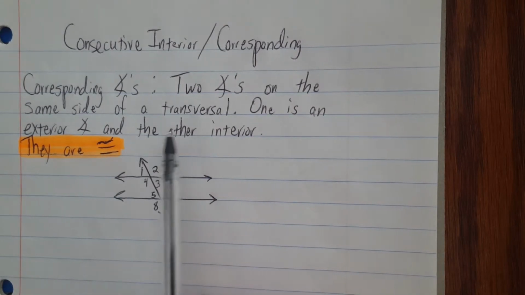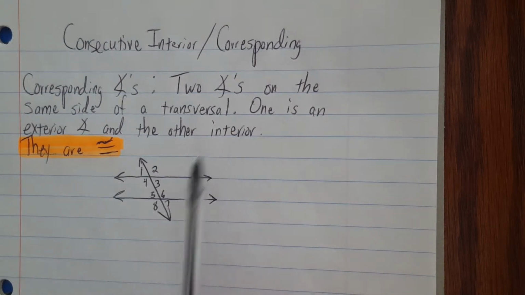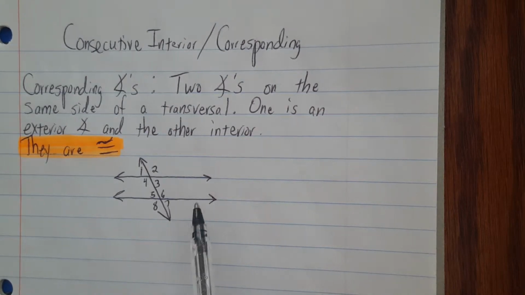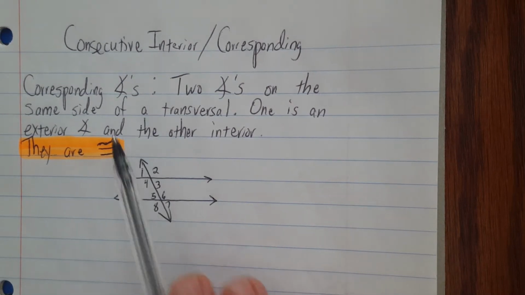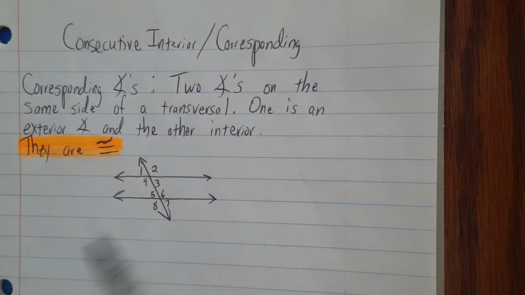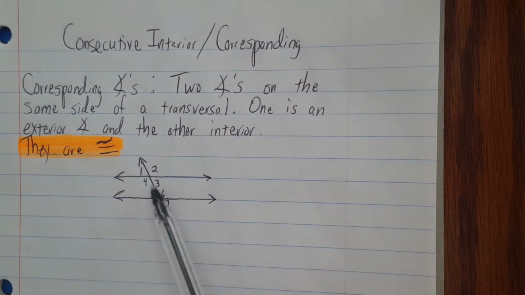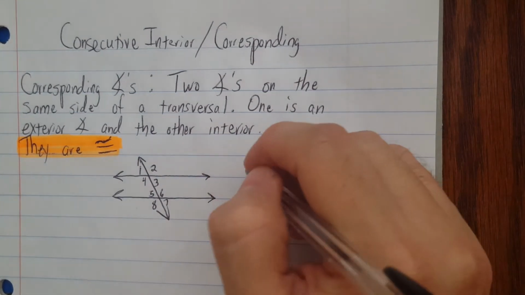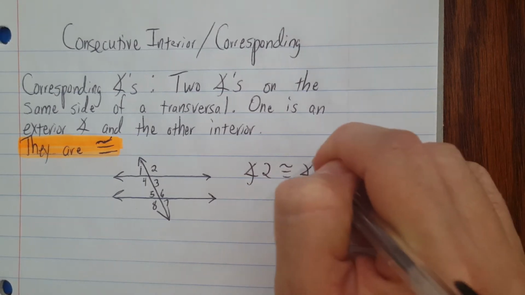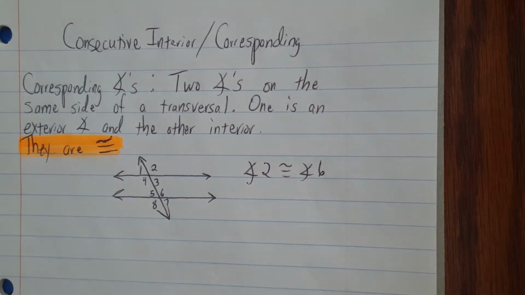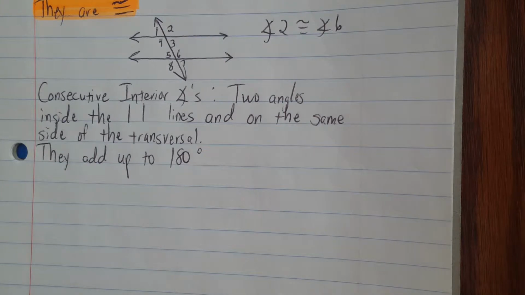The other thing that I specify is that the other one will be an interior angle. So basically what we are looking at here for an angle that's going to be congruent to angle 2 and on the same side as angle 2 of the transversal is angle 6. So angle 2 is congruent to angle 6 because of corresponding angles.